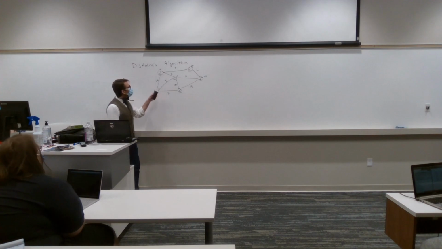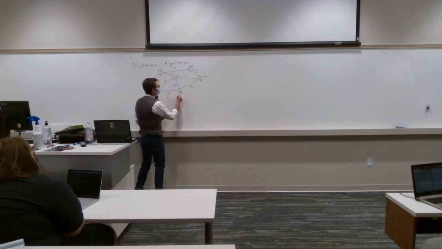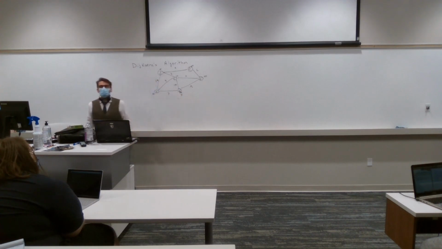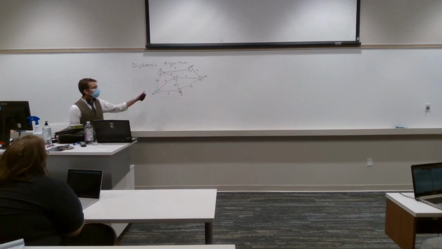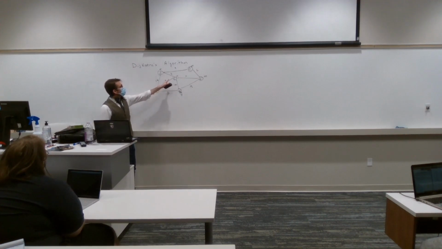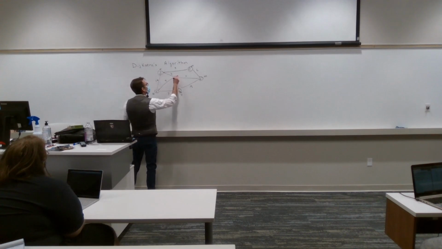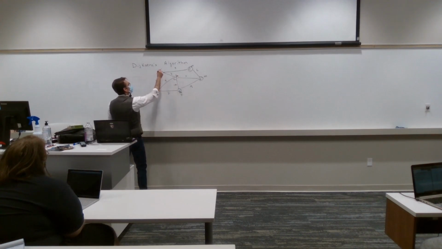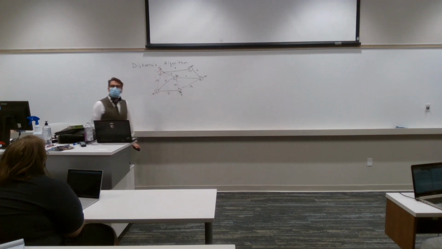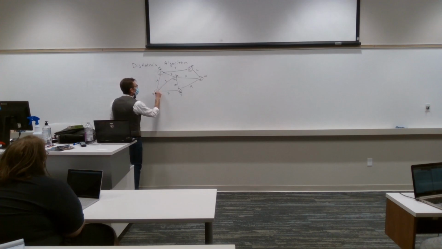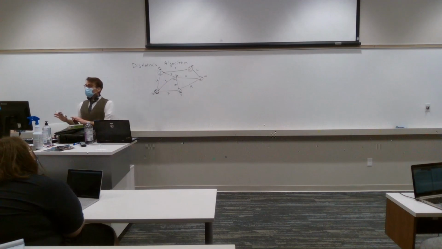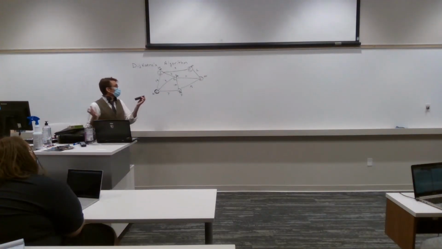It's 7, and 7 is less than infinity. So we're going to update the label there to 7. We're going to look at A to C, update that label to 9. A to D, update that label to 14. At this point, vertex A is done. We have used all of its information.